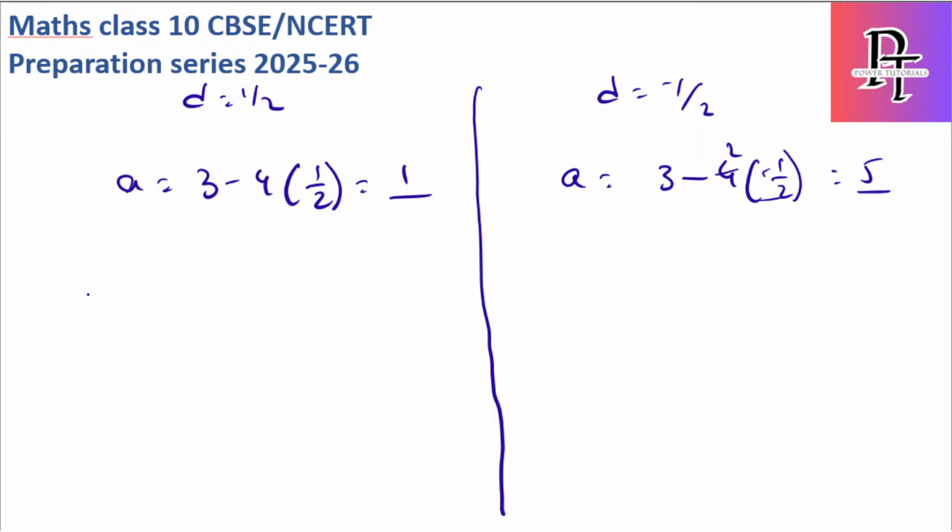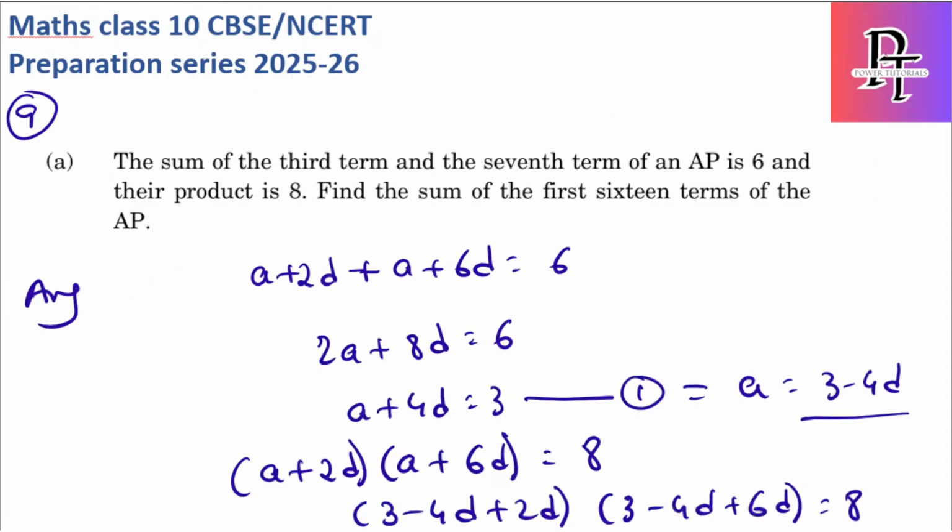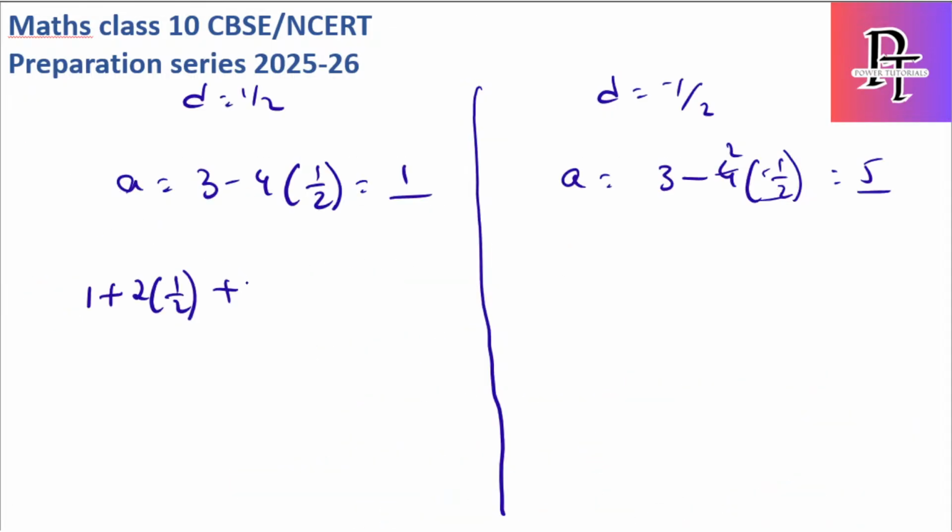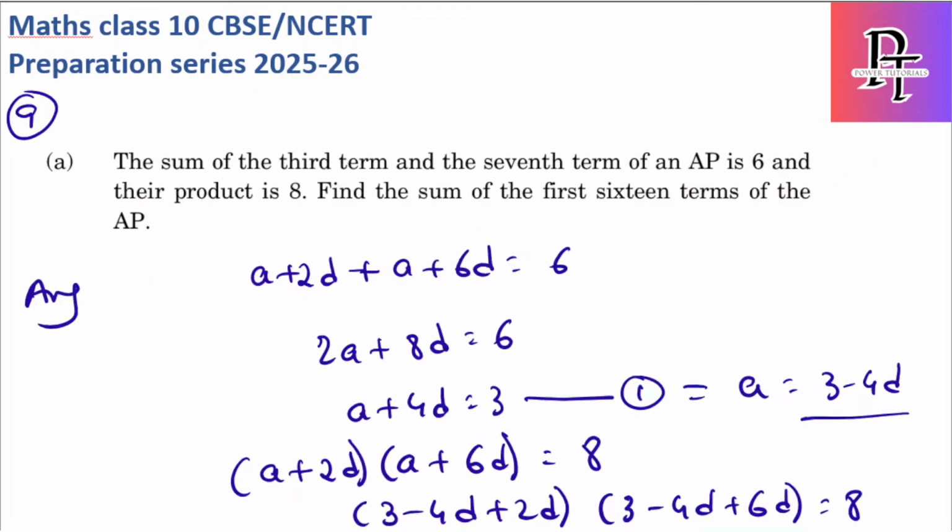Here the third term will be 1 plus 2 into 1 by 2, plus the seventh term, a plus 6d, which is 1 plus 6 into half. So 1 plus 1 is 2, 2 plus 1 is 3, 3 plus 3 is 6. So here it is satisfying.